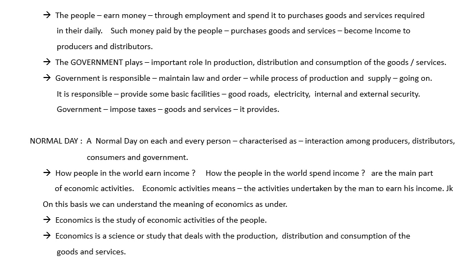In this process, the role of government is also very important. The government plays a very important role in the production, distribution and consumption of goods and services. How the government plays this role, now we'll understand.